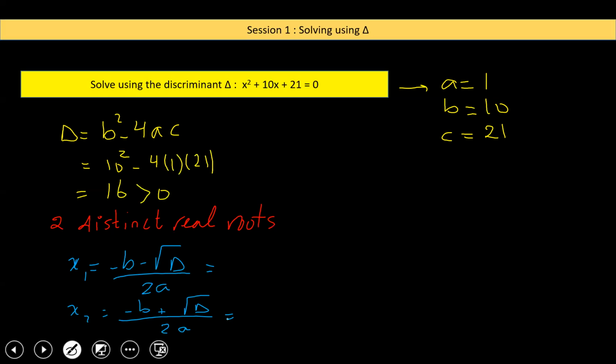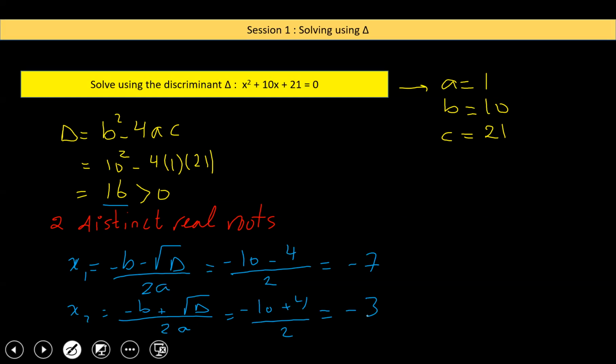Minus b is minus 10, minus radical delta is 4, 2 times a is 2, so the answer is minus 7. And here we get minus 10 plus 4 over 2, which is minus 6 over 2, that is minus 3. These are the roots of the expression.